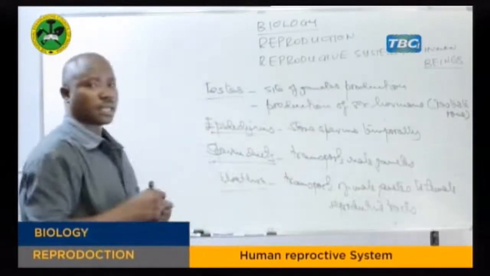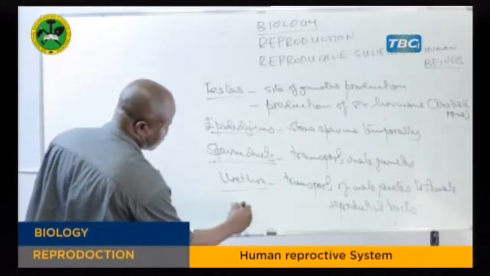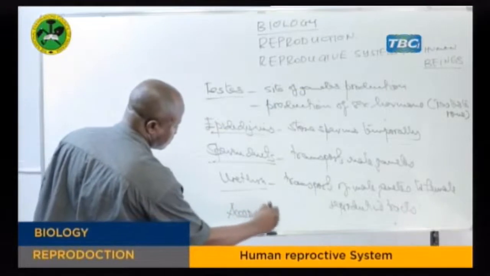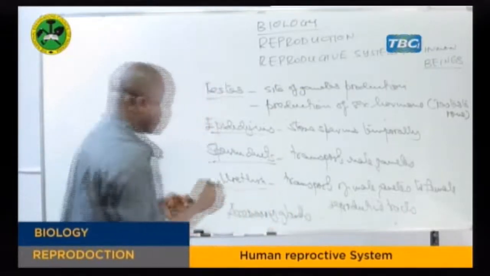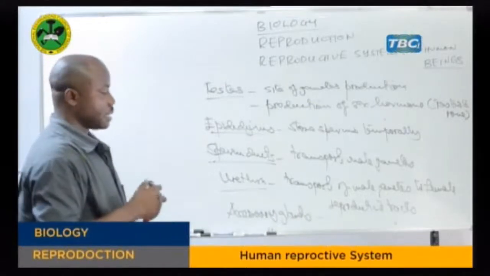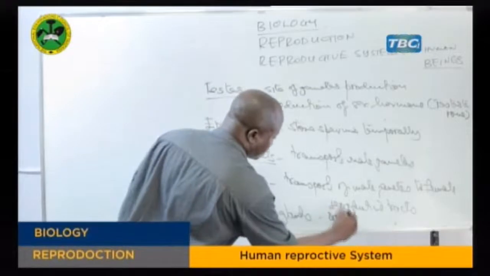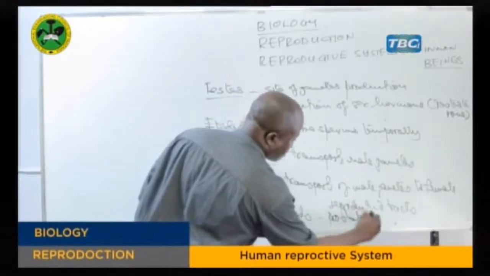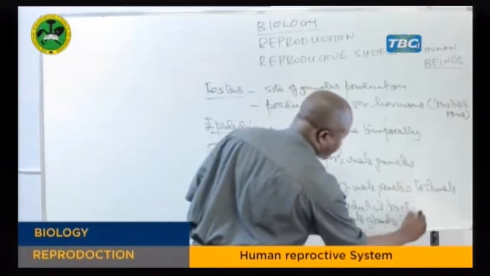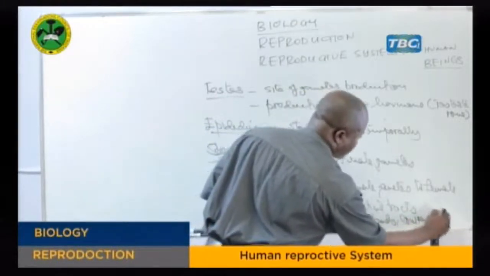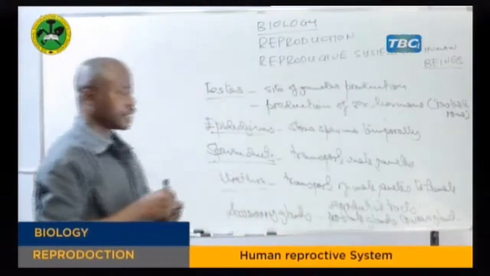But also, there are accessory glands. Accessory glands are three: the prostate gland, Cowper's gland, and the seminal vesicle.